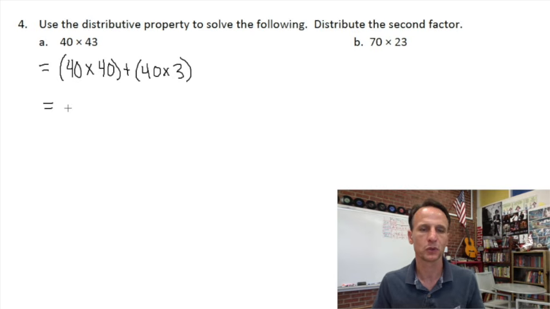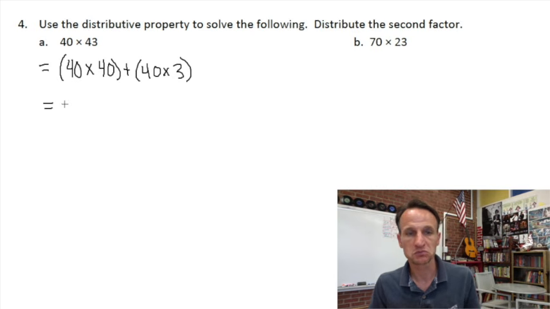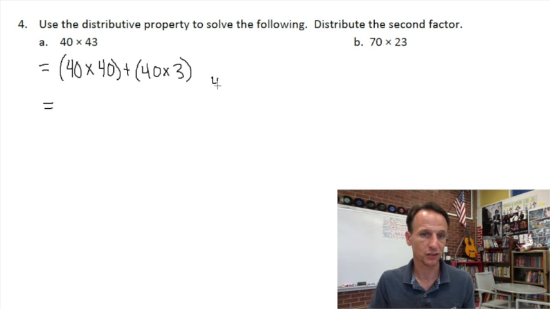40 times 40. Okay, can we do that? Yes, we can. One way to think of that, and we'll do kind of an intermediate step here, is we have 4 times 10 times 4 times 10, right? I'm going to just rearrange the numbers using the commutative property. 4 times 4 times 10 times 10, which we can associate like this.